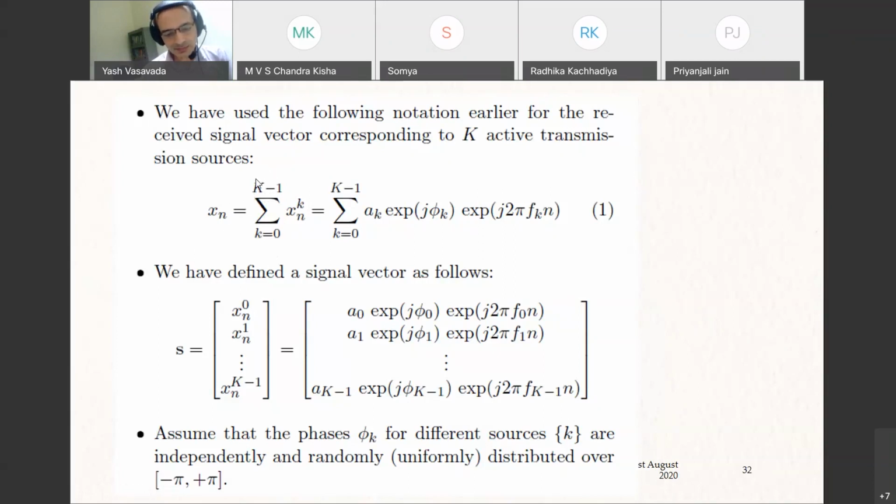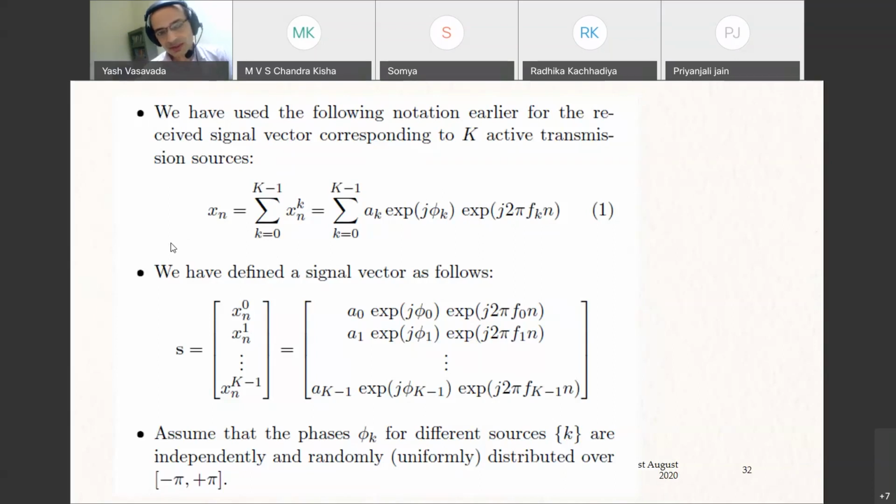They can be different simultaneously active subscribers to a particular communication system. They could also be, let us say, in case of cognitive radios, a total of K different what are known as primary users. Those primary users have the license to use the spectrum. And there may be some total of capital K such primary users active at any given time.